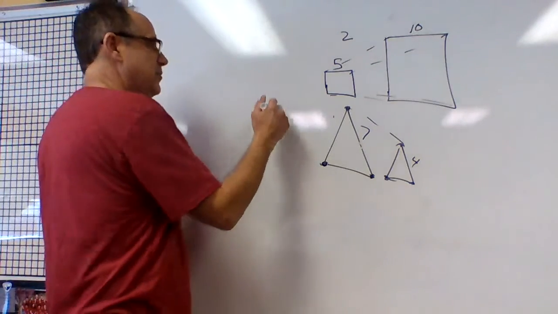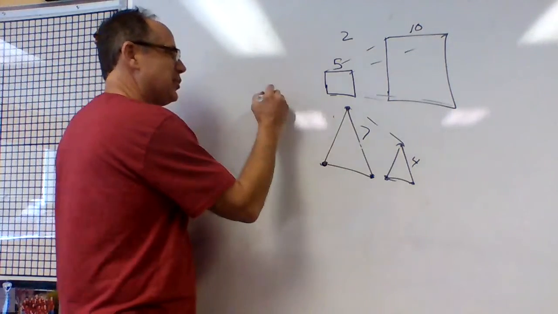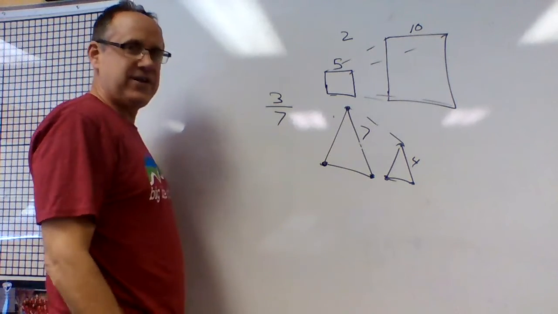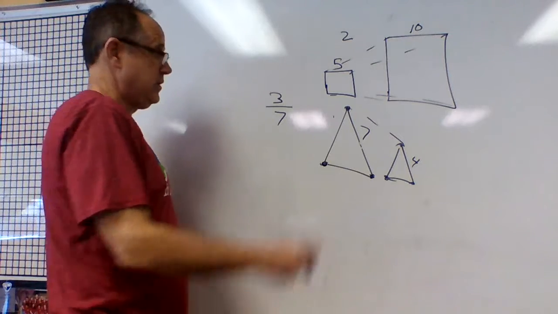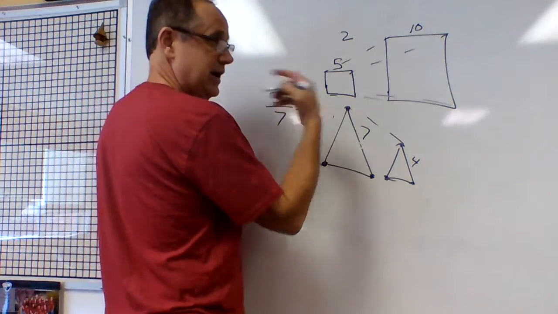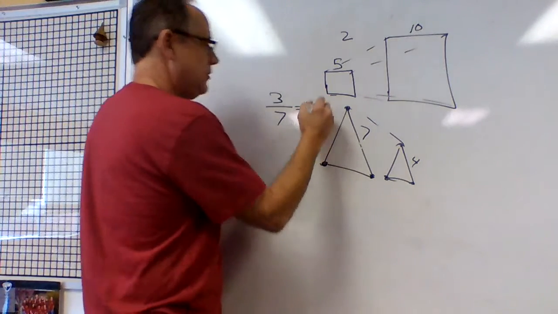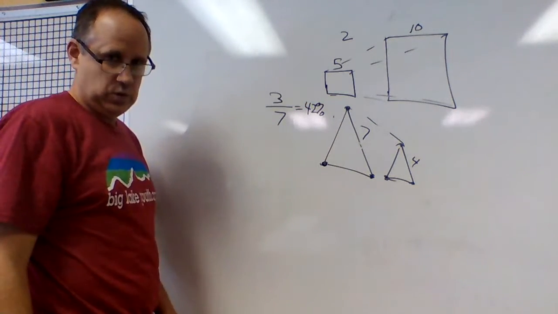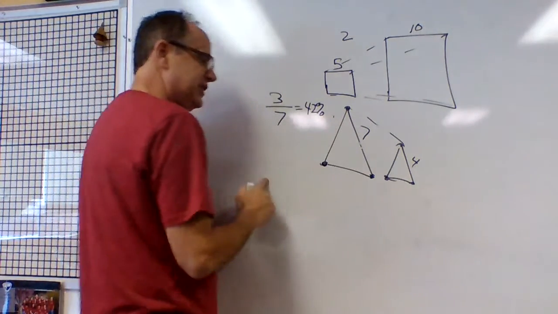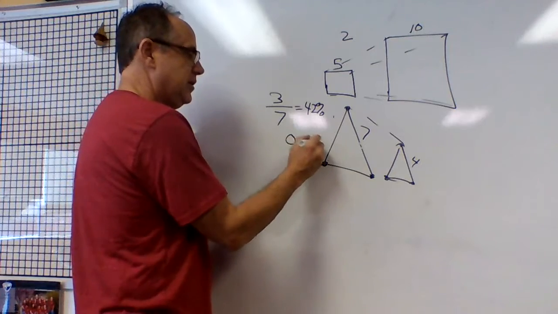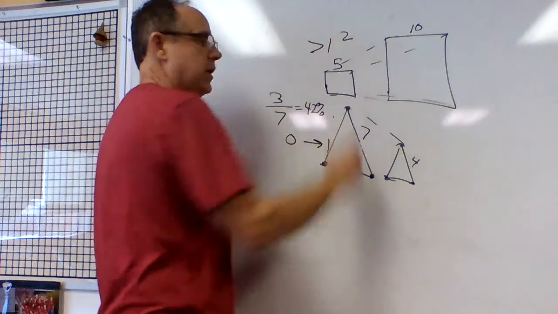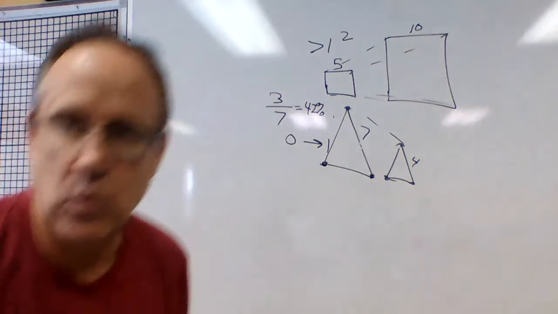It goes down 3, and we start with 7. 3 over 7 would be about 42, about 42% reduction. So we take the change. When we reduce it, this number is always going to be from 0 to 1. When we enlarge it, it's going to be greater than 1.